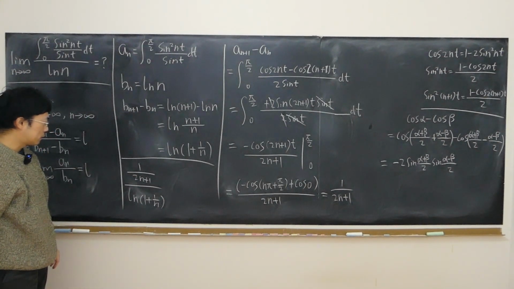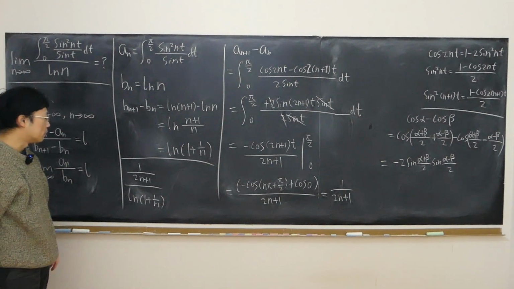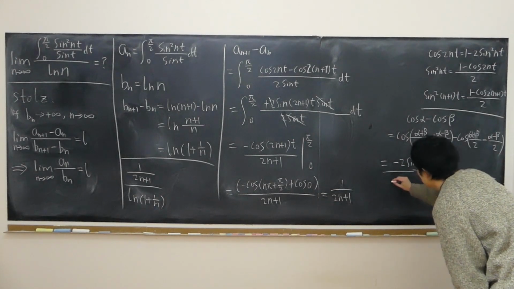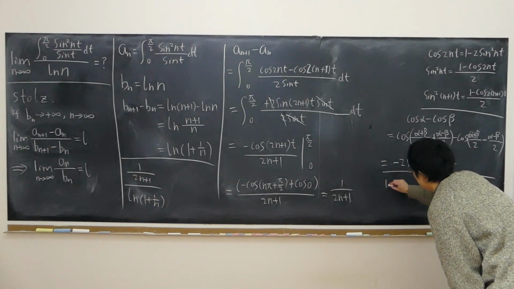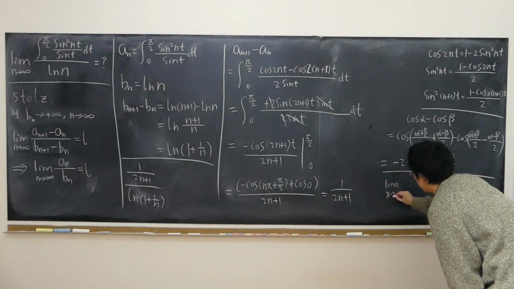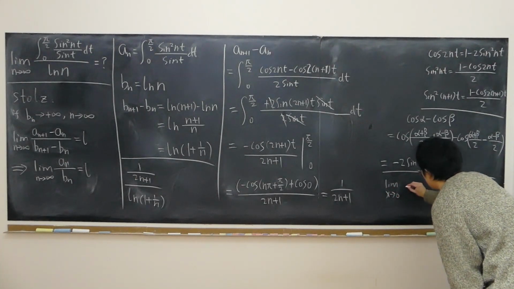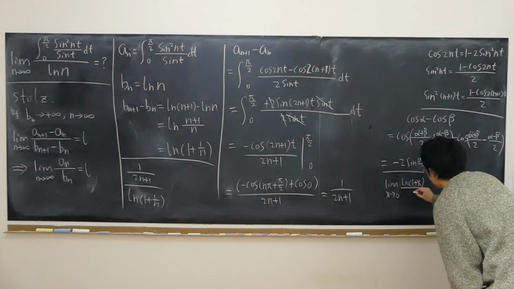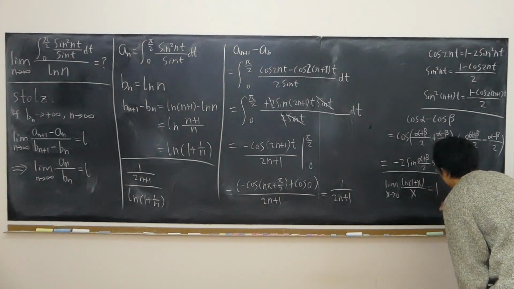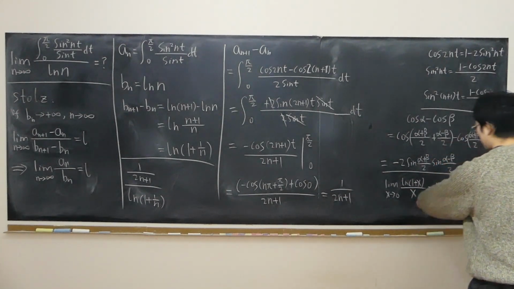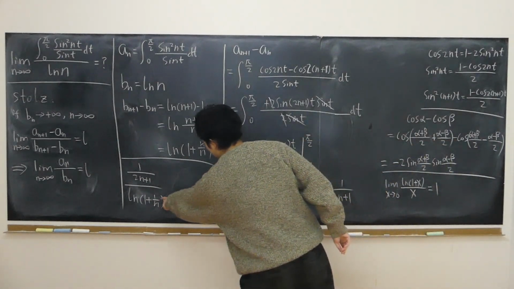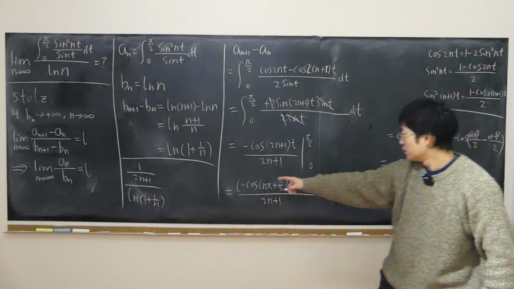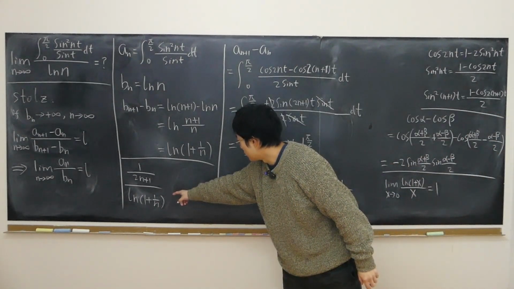Does the limit exist for this expression as n approaches infinity? First of all, I'd like to use equivalence substitution. Remember the famous limit: the limit as x approaches 0 of log of 1 plus x over x is indeed 1. This is a well-known limit, right? Here, we can treat 1 over n as x. Remember, n approaches infinity, meaning 1 over n approaches 0.